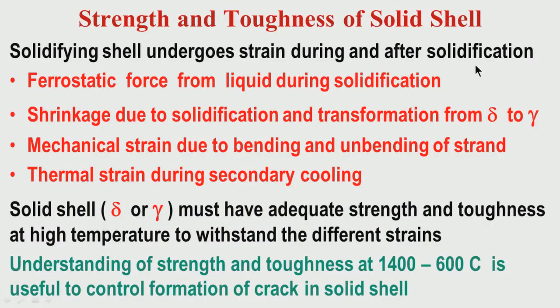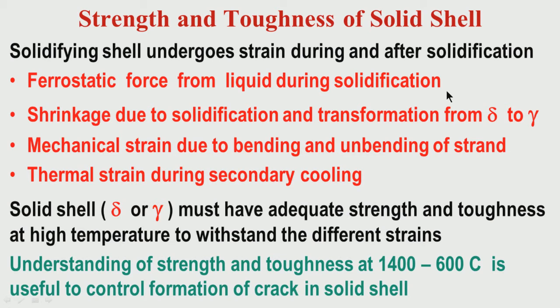So let me try to mention here the solidifying shell, whatever shell is forming through solidification during casting, undergoes a lot of strain during and after solidification. Unlike static casting, here relatively more strain will be there, because it is continuously under movement, it is not static. So what are the different strains on the solid shell? First and foremost is the ferrostatic force from the liquid during solidification.